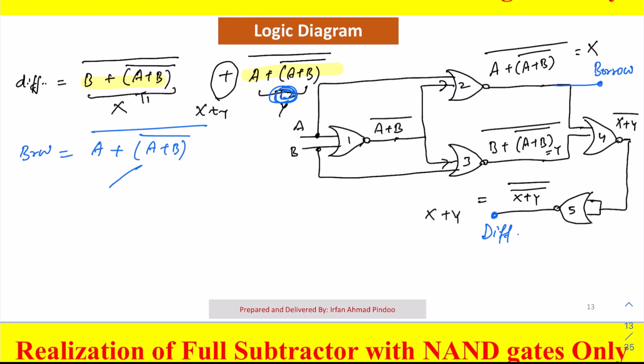You will realize that we have used just 5 NOR gates, so the minimum number of NOR gates required to implement a half subtractor is again 5. That's it for today's video. In our next video we shall talk about implementation of full subtractors using NAND and NOR gates. Till then, God bless you all and have a nice day.